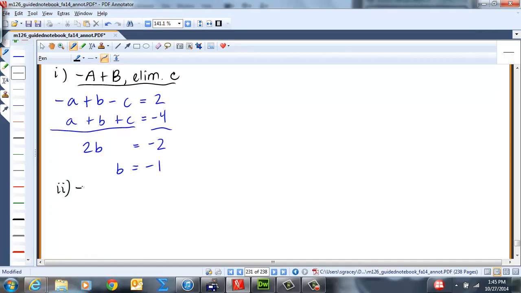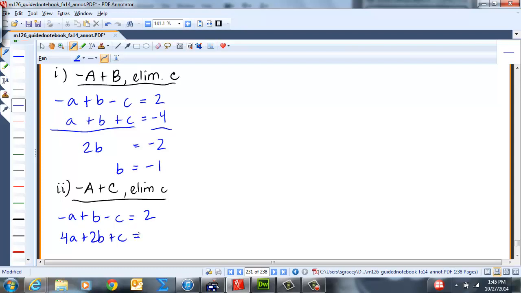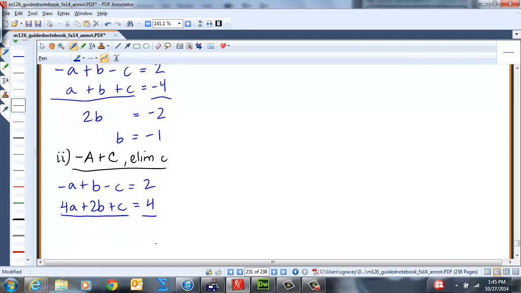We'll do negative equation A plus equation C. So negative A was, we already had it up there, and C we left alone, so equation C was 4a plus 2b plus c equal to 4. So we'll get 3a plus 3b equals 6.